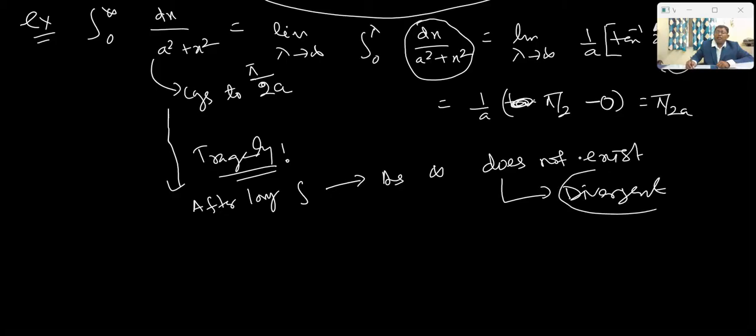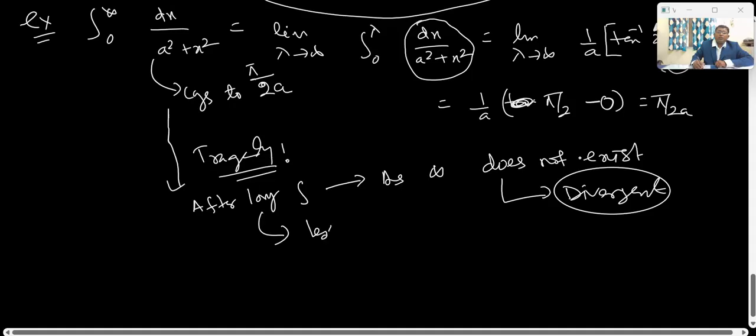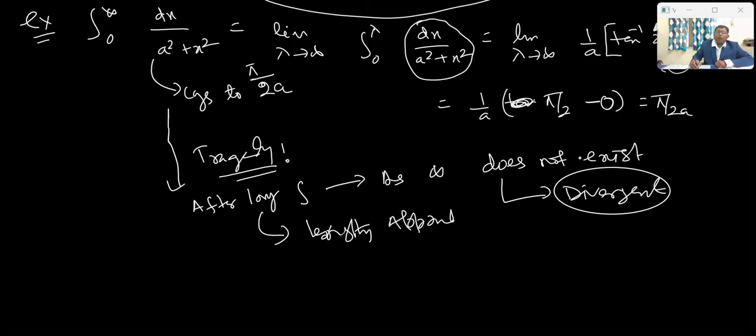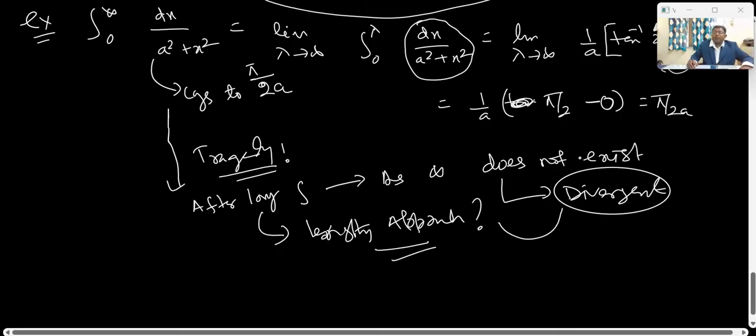Once it is divergent, right, then what is the use of this lengthy approach? Why do we have this lengthy approach just to say that it is divergent?